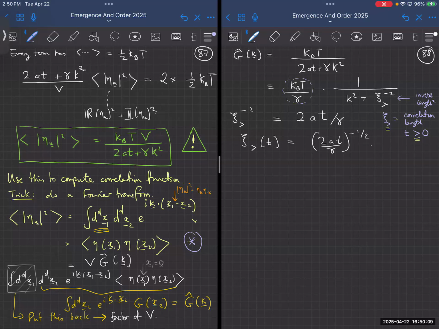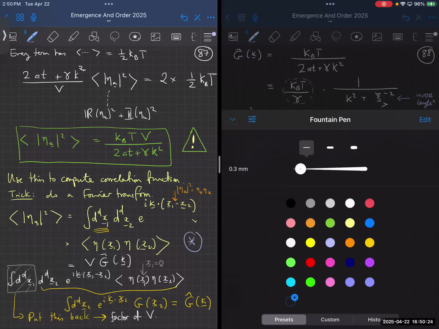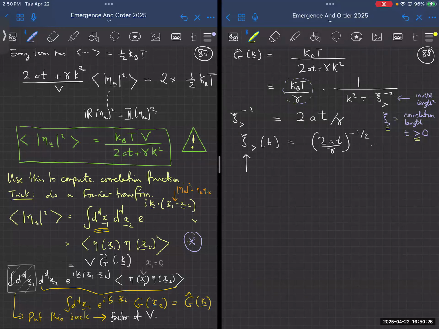So what I've shown you is that we've discovered a length scale, and not only have we discovered a length scale, but this length scale diverges as t goes to 0. As little t goes to 0, and we're above Tc, so t is going to 0 from above.